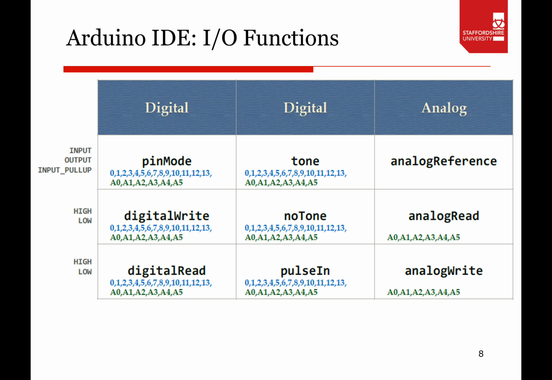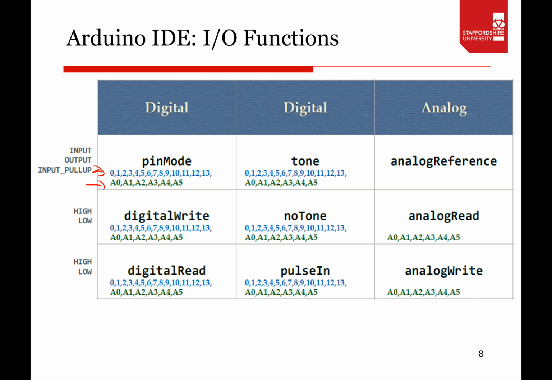And also, does it have an input pull-up resistor? So pinMode should be applied to all of the digital pins, which are denoted in blue, and the analog pins. It is advisable to always define the pins that you're using, because if you don't, there may be some issues.